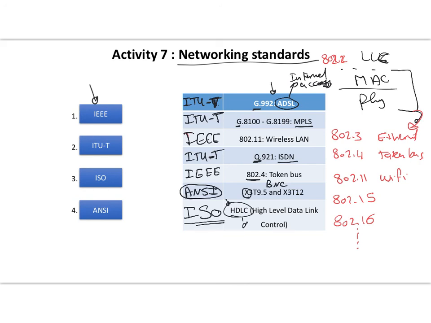And as you can see here, they name the standards with an abbreviation, not 802 or G dot something. So this is high level data link control. This is the WAN standard that is designed by the ISO organization.